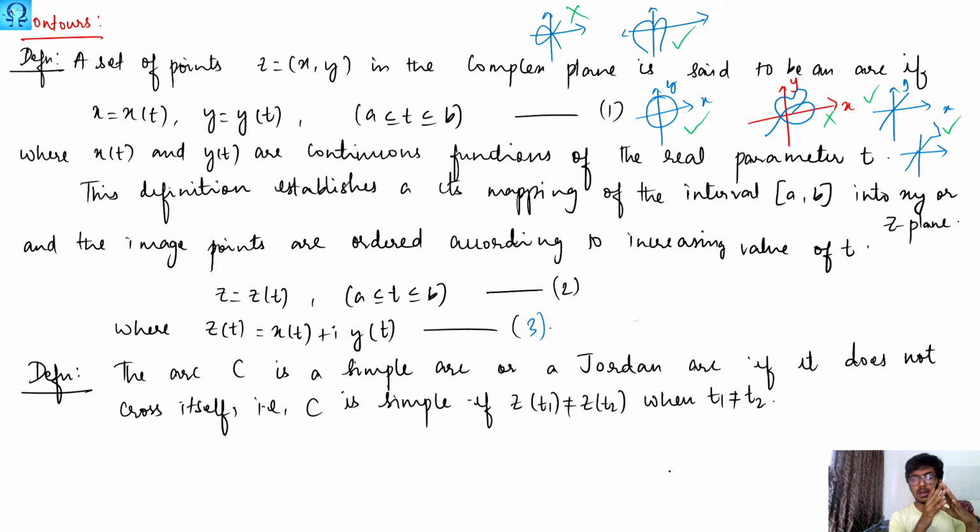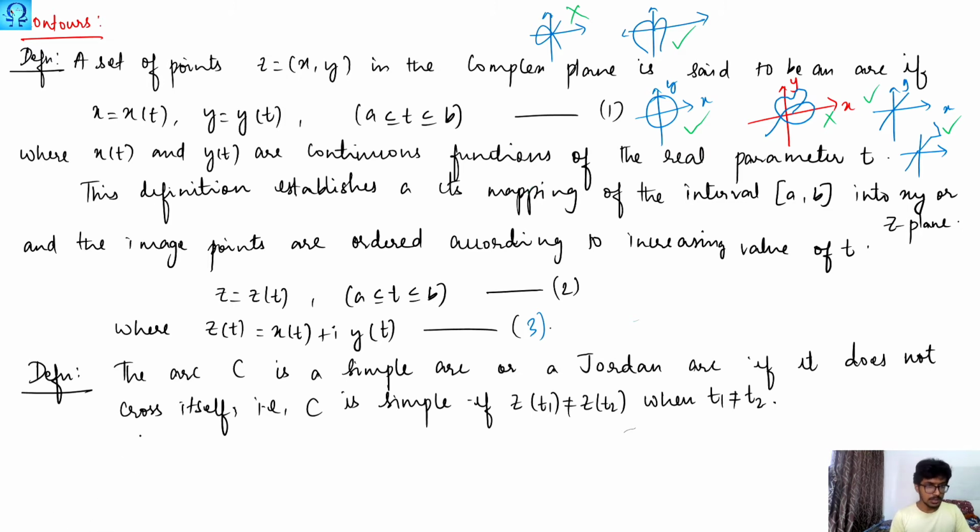If you recall from your basic analysis, this is the definition of a one-to-one mapping. If your mapping is one-to-one, then the arc is said to be a simple arc.